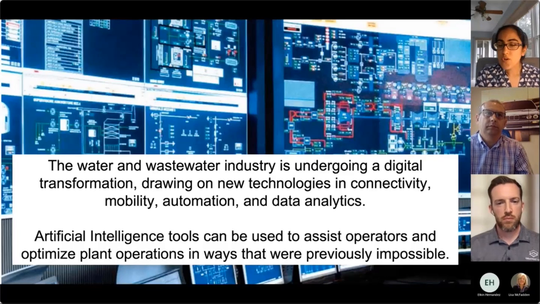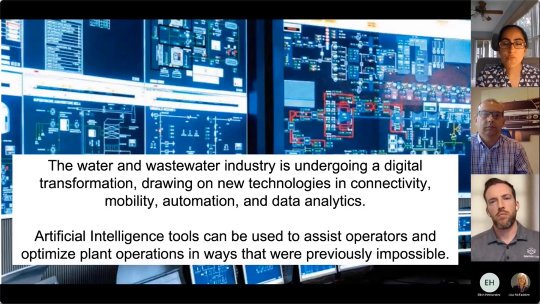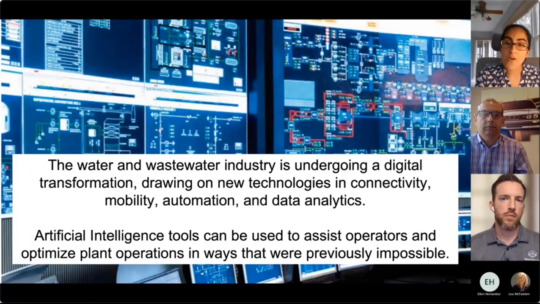But then also, if you look within the plant operations itself, there's opportunities to change the way utilities are managing their assets there as well. For example, in the water and wastewater facility, our infrastructure is getting old. A lot of facilities are in need of upgrades.